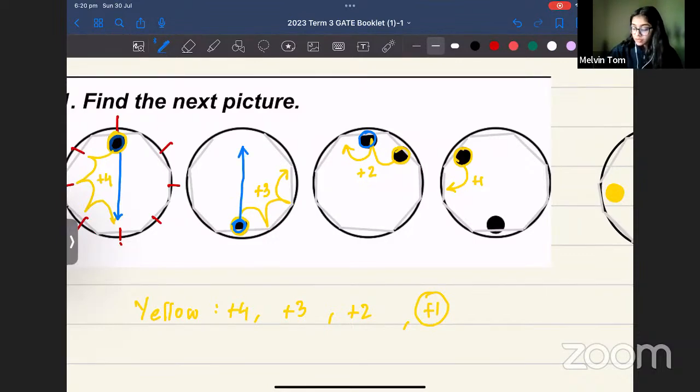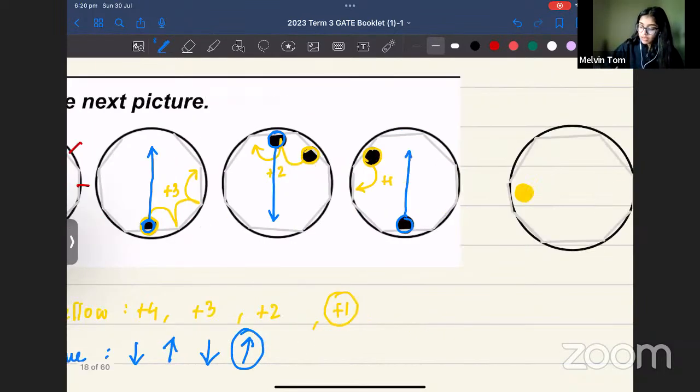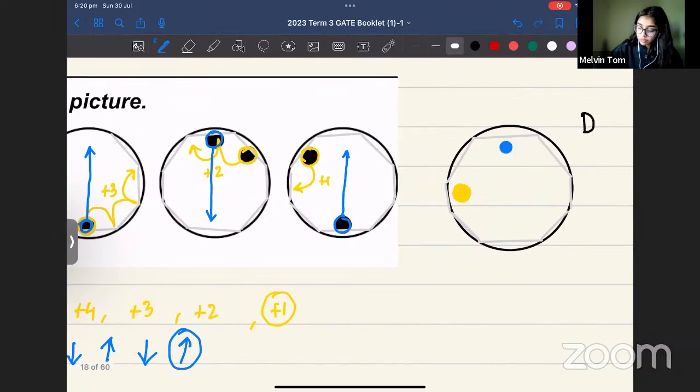Now from the third image to the fourth image, the circle has moved down again. So clearly the blue circle is just moving down, up, down, and next one will obviously be up. How does that pan out? Your blue circle will be right on top, giving you option D.